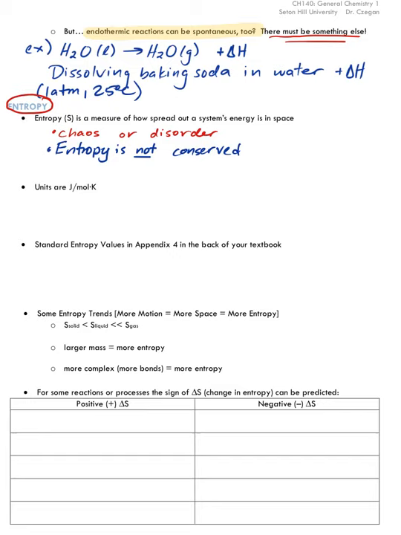Energy, or entropy rather, can be created. The entropy of the universe is constantly increasing. So nature favors an increase in entropy.